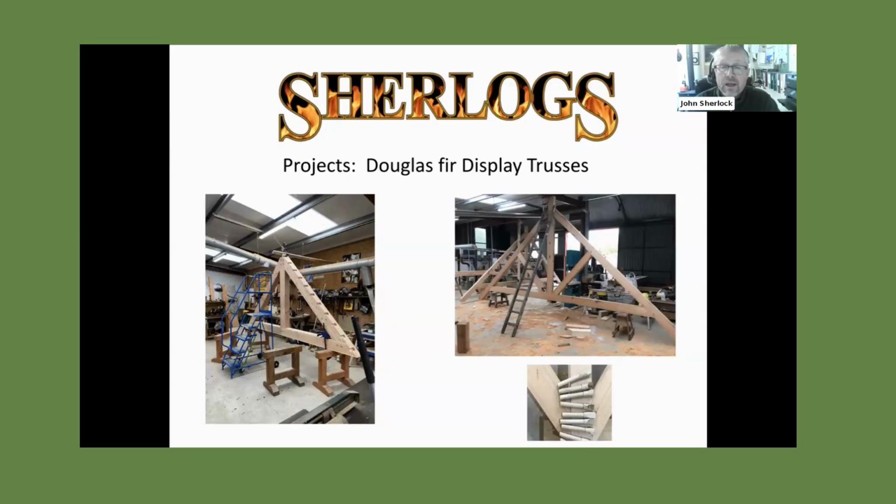So I actually did a course in Scotland with a post and beam tutor, James Thompson, who's going to be doing a post and beam course here with our owner group, the Northeast Forestry Group, next spring.